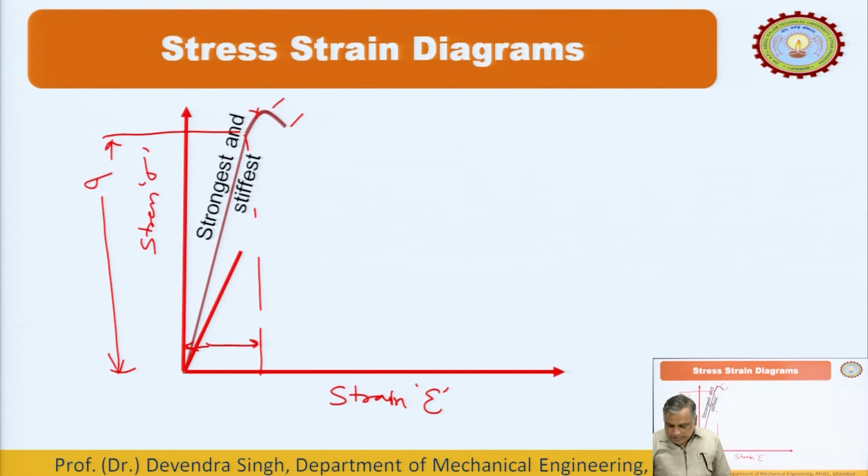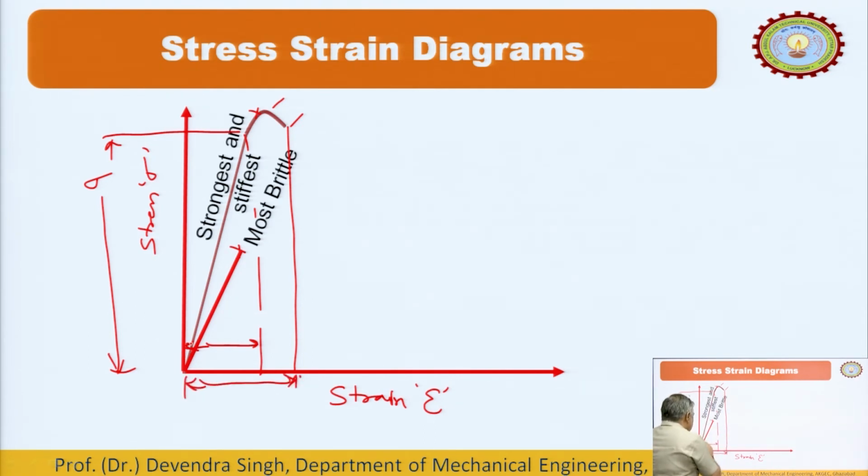Then the second category has a fracture point here. This is a brittle material, as we have discussed, there is no necking, if you apply load it fails here, this is the strain, and in case of the brittle material, the strain is lesser.